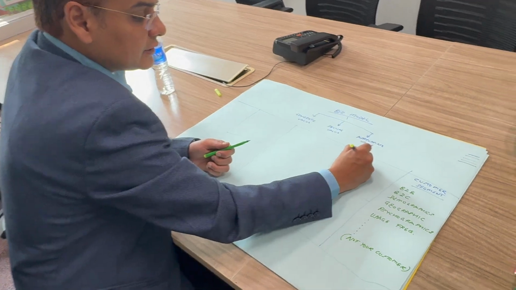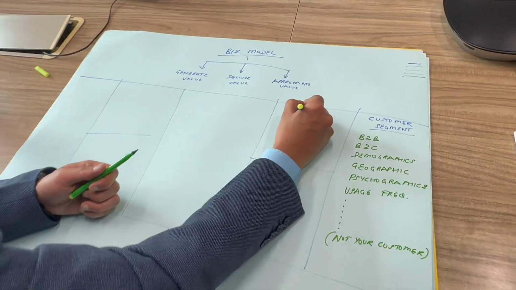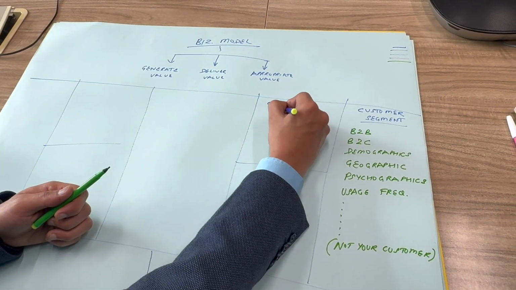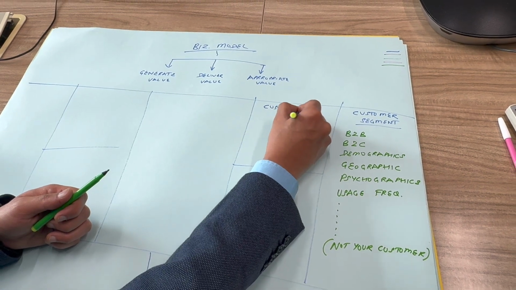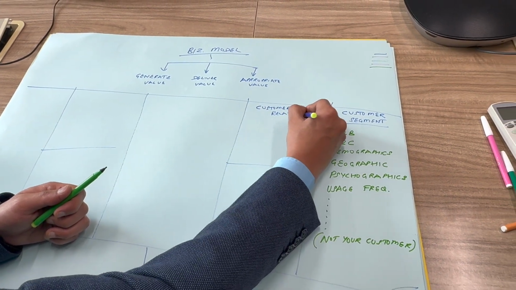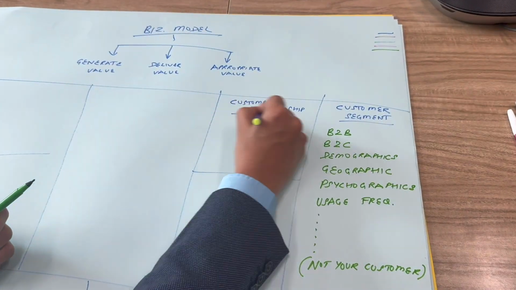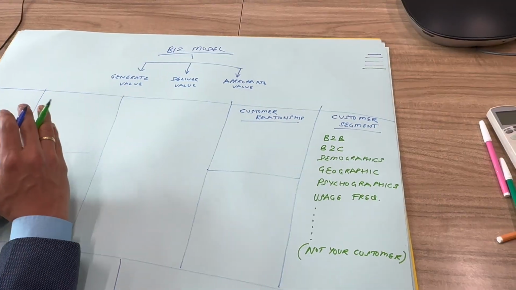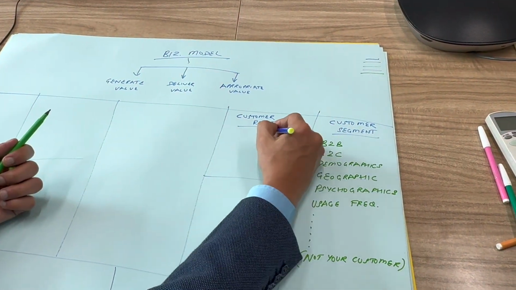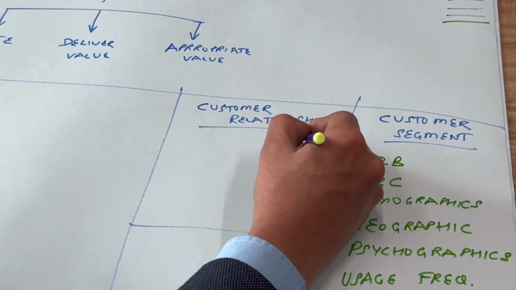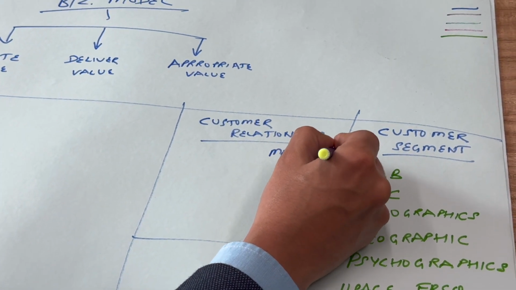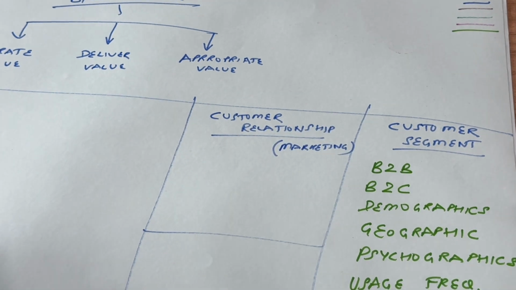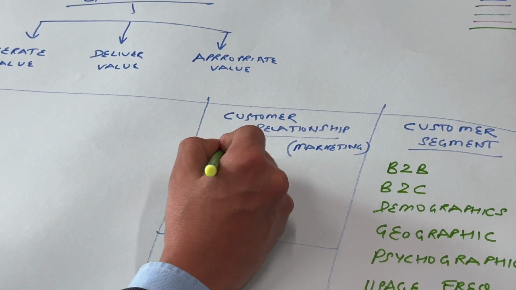Then we talk about the customer relationship. What is customer relationship? Customer relationship essentially means marketing. How do you reach your customer? Some of the ways of marketing could be ATL, which is called above the line.